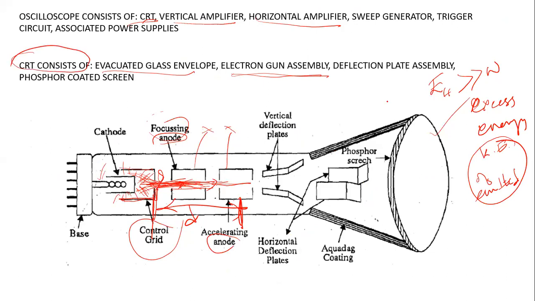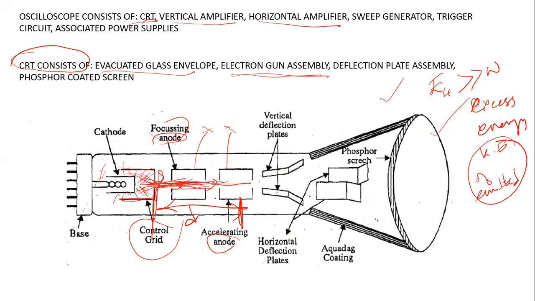One is called vertical deflection plates. Another one is called horizontal deflection plates. These are actually a part of this cathode ray tube.